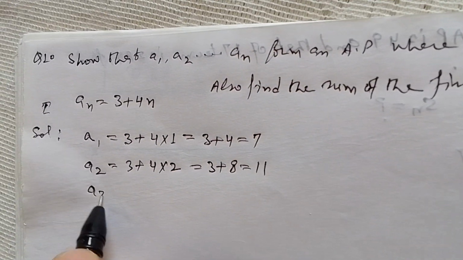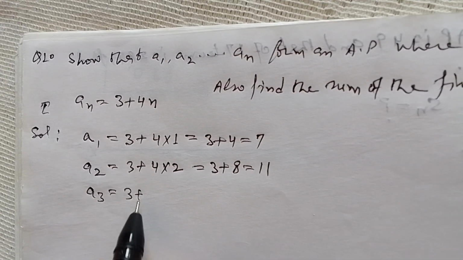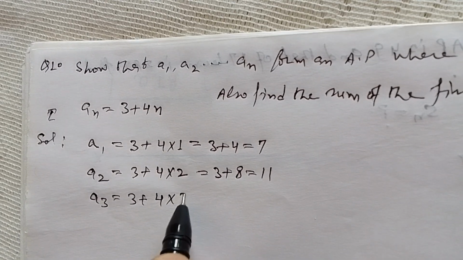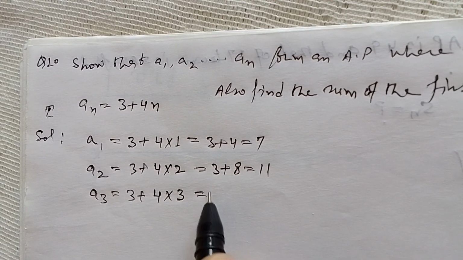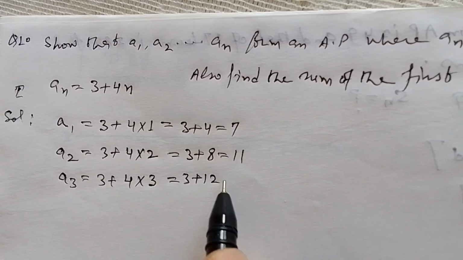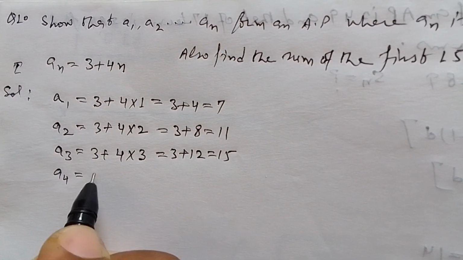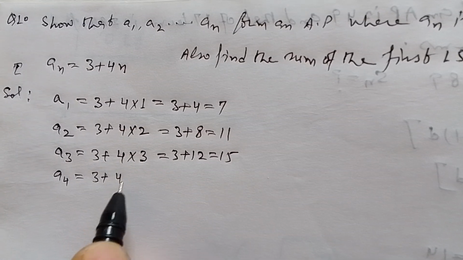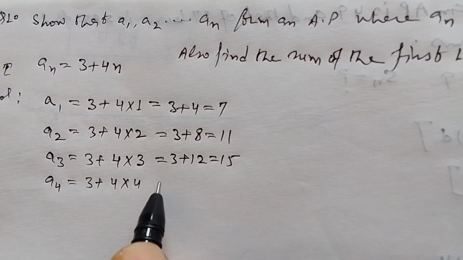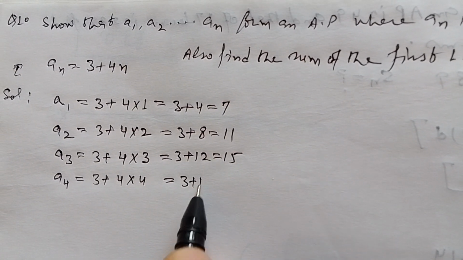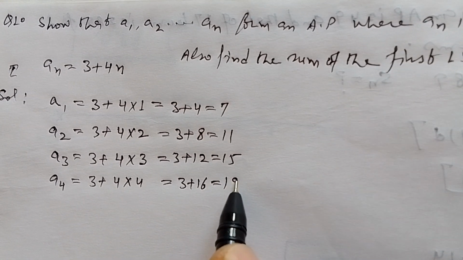Then a3 is 3 plus 4 multiplied by 3, that is 3 plus 12, it becomes 15. Then a4 is 3 plus 4 multiplied by 4, which is 3 plus 16, it comes out to be 19.